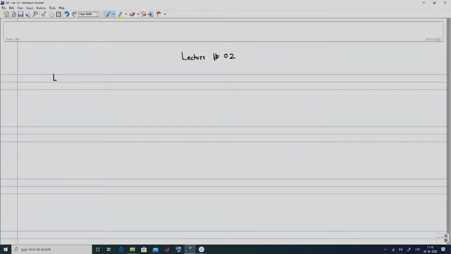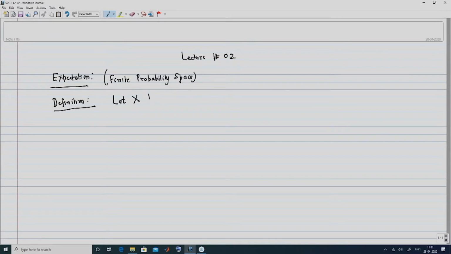So, first we talk about expectation, and we will talk in the context of finite probability space. And we will first begin naturally with the definition. So, what expectation are we talking about? We are talking about the expectation of a random variable.